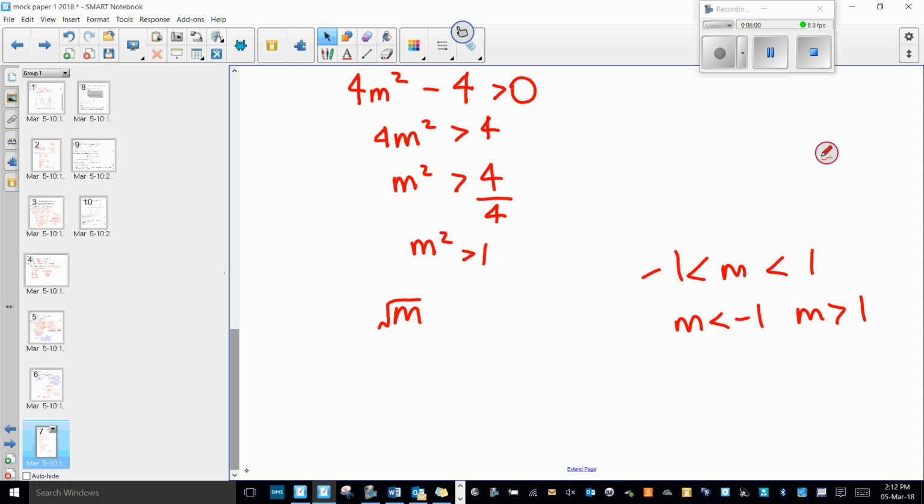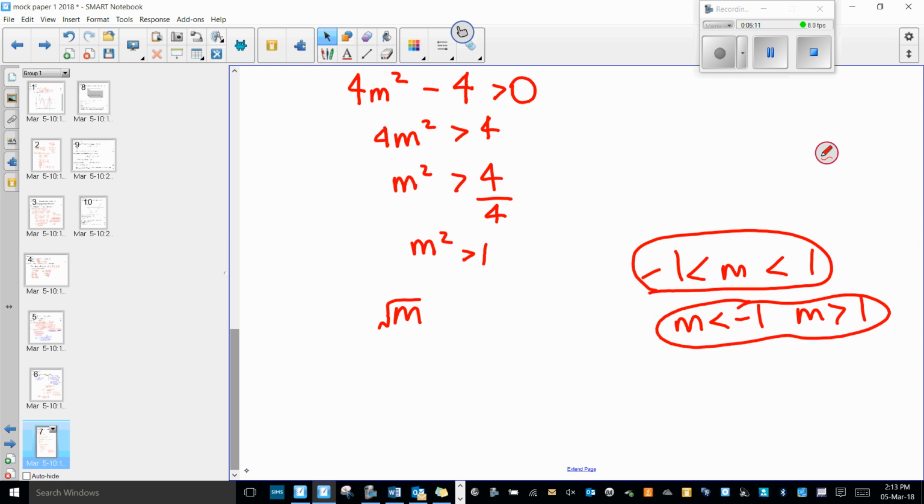They're your two different options when you're square rooting an inequality.